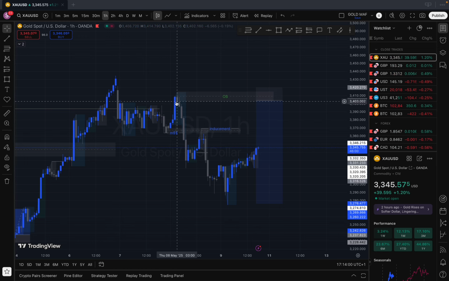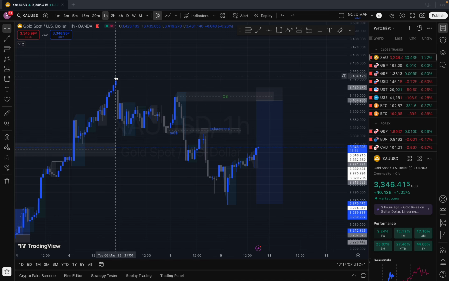Obviously gold is on a downtrend: the first high was created, then a lower low, then a lower high, then lower low, lower high, lower low. So this is definitely a downtrend. We know that it is a downtrend.